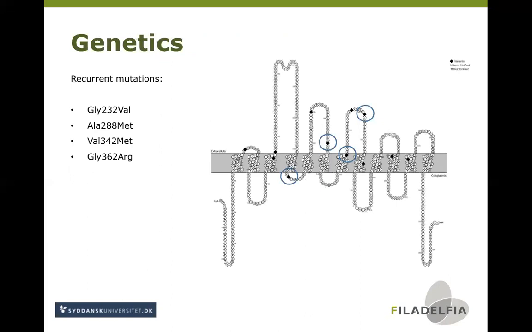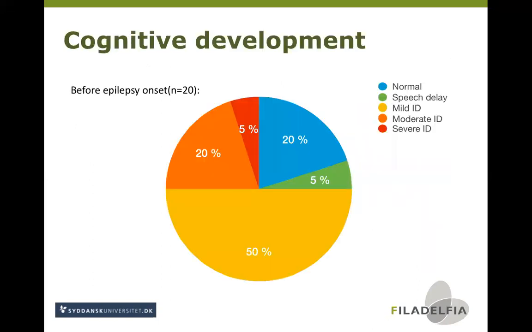Then we also saw that there were some recurrent mutations, suggesting that there are some hotspots in this gene, especially the 288 and the 342 positions, which were quite prevalent in the total cohort. Then we went on to look at the cognitive development.